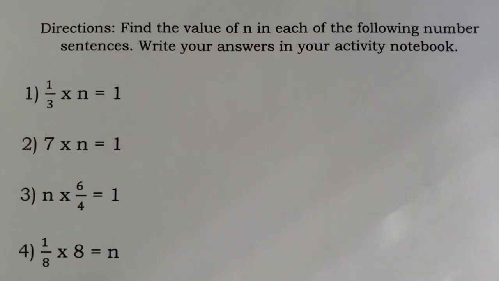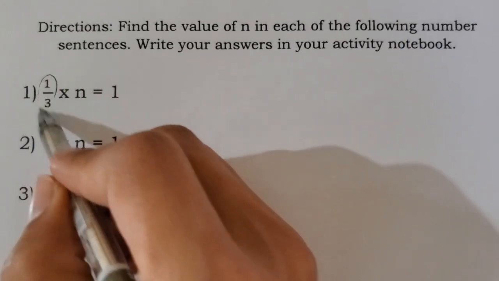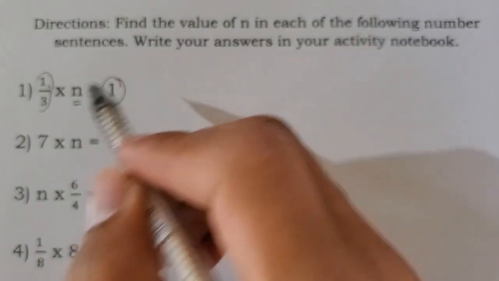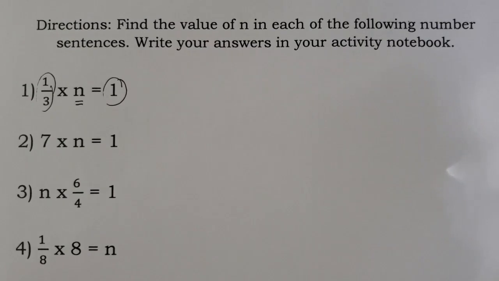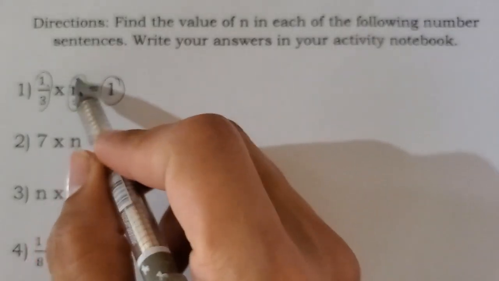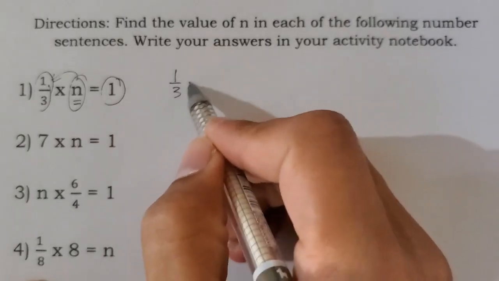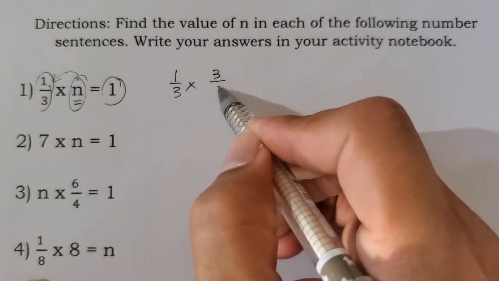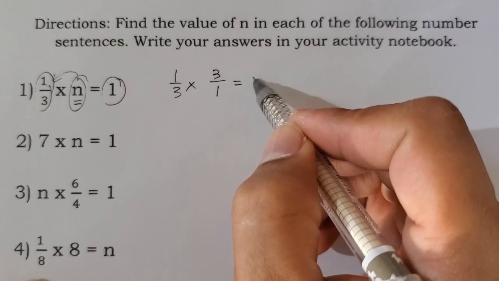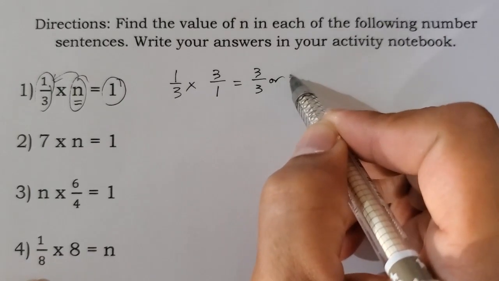Let us now answer your activity. What number should be multiplied by 1/3 so that the answer is 1? Of course, always remember that a number or a fraction multiplied by its reciprocal will give us a product of 1. So remember that this value of n is the reciprocal of that 1/3 or the multiplicative inverse of that 1/3. So therefore, 1/3 times the reciprocal 3/1 is equal to 3/3 or 1.